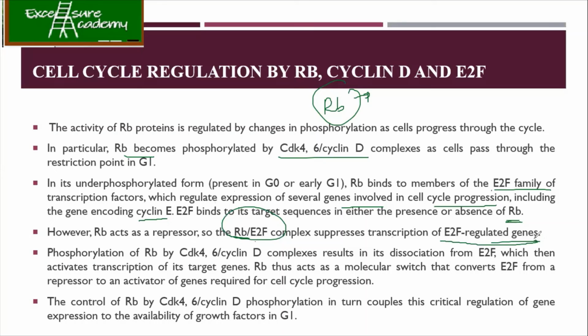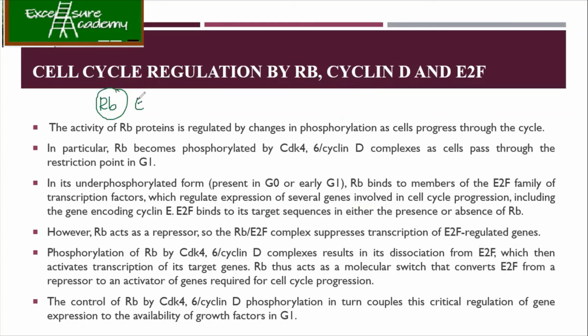I'll say once again. RB is there, in association with your E2F. It means no gene expression is happening. Clear? Now RB is getting phosphorylated. Who will phosphorylate it? The CDK4/6 cyclin D complex.